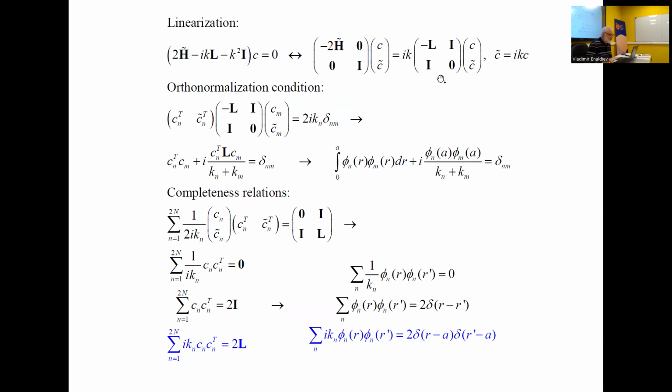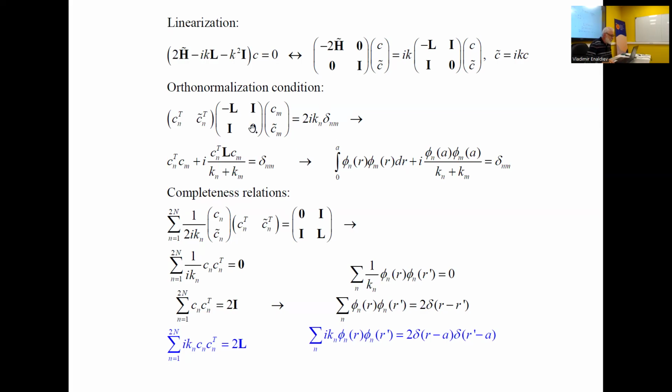But here there is a weight. So since there is a weight, the eigenvectors are orthonormal with respect to this weight. These eigenvectors belong to a space of double dimension, 2 times n. And they are orthonormal, as usual in linear algebra, with this weight.